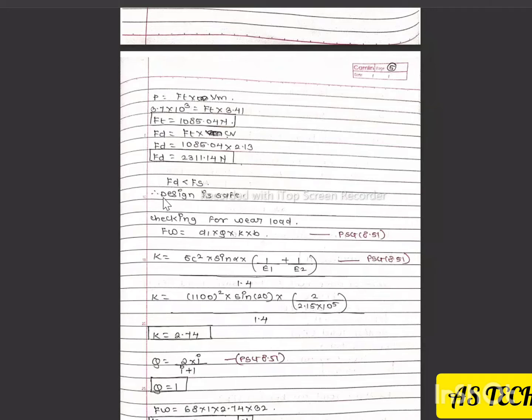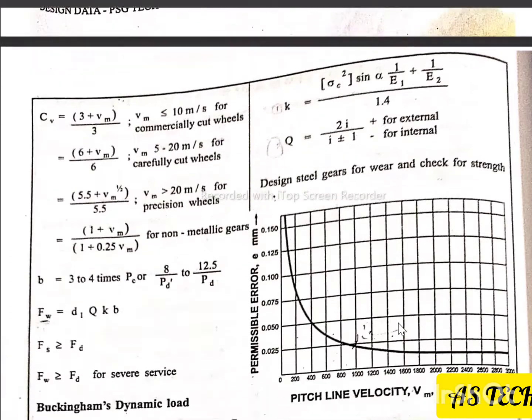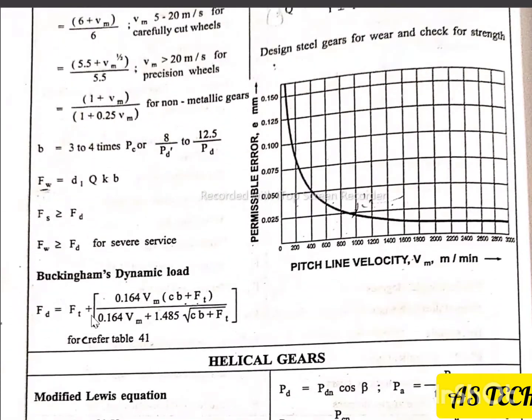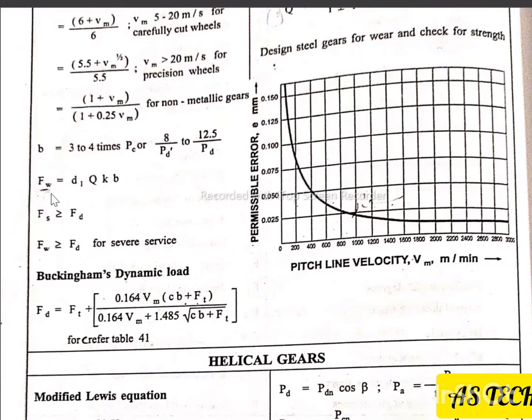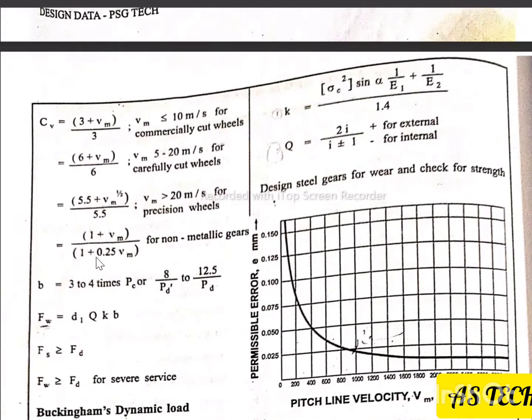The next one is checking for wear load. For wear load, we need to find out Fw. This formula is also in PSG 8.51. This is the formula for Fw, d1 into q into k into b. For finding out k, this formula is also available in PSG.